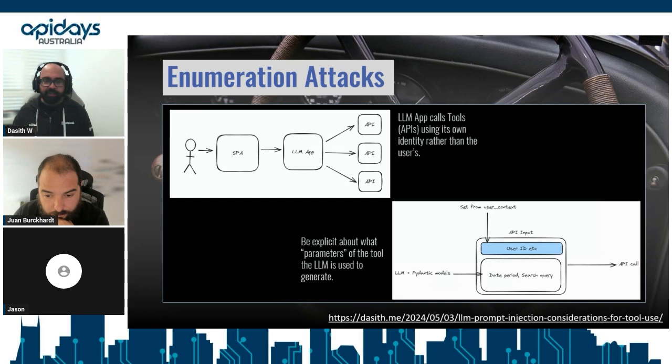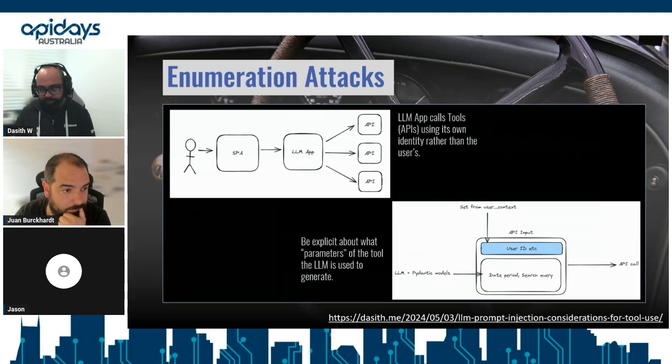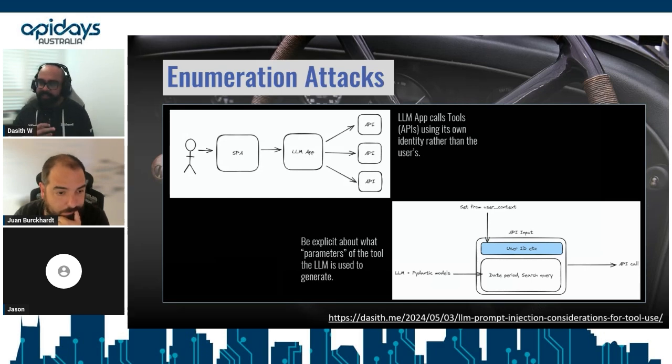To prevent that, what we recommend is that we wouldn't want the LLM generating the inputs for the model for all of the parameters. We want to be explicit about which parameters the LLM generates and which parameters are injected from, let's say, the user context through something like a JWT, where you extract the user's claims and inject them in.